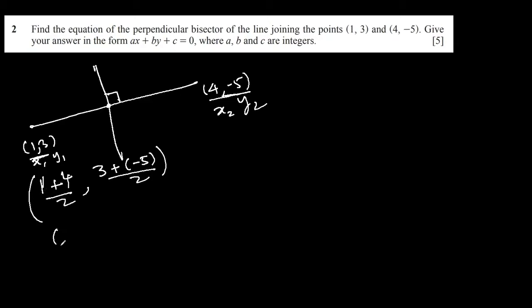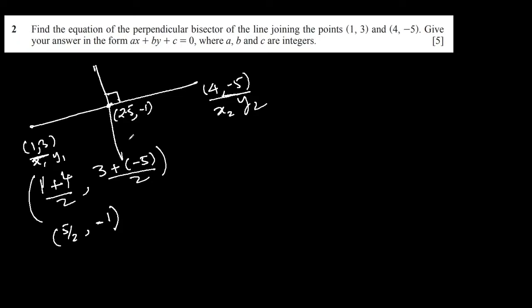So this becomes 5 over 2, and this becomes minus 1. So the coordinates of this point are 5 over 2, or 2.5, and minus 1.